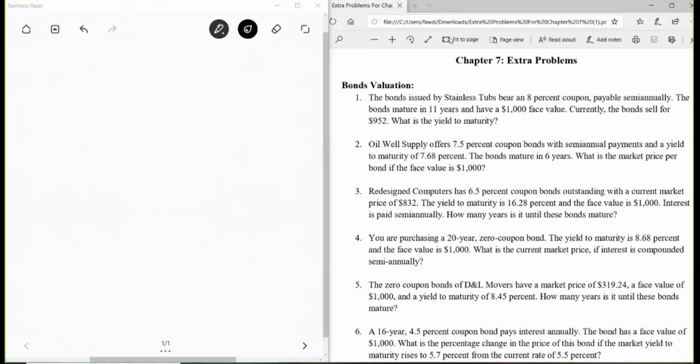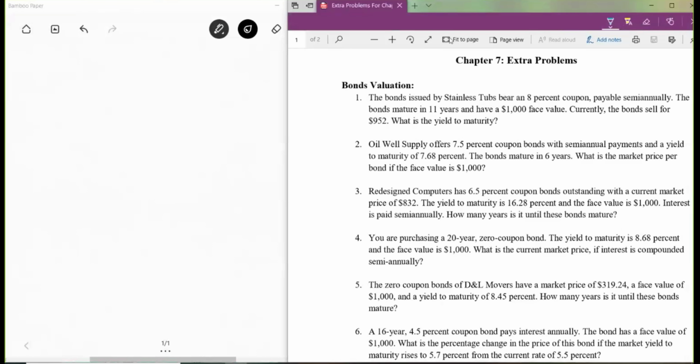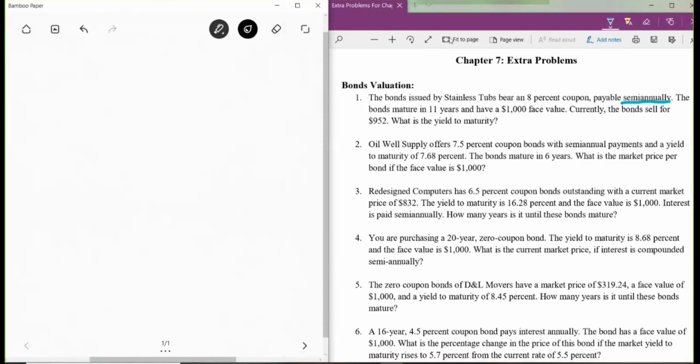The bonds issued by Stainless Stubs bear an 8% coupon payable semi-annually. So here there are two payments per year.